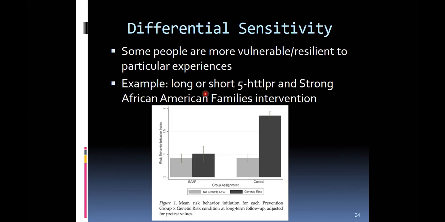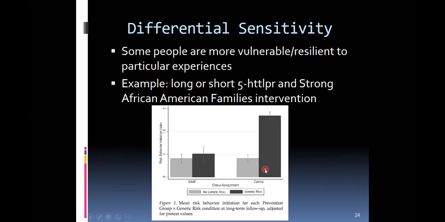So the researchers identified children in an inner city community where there was a lot of violence and a lot of risk-taking behavior on the part of teenagers, adolescents.